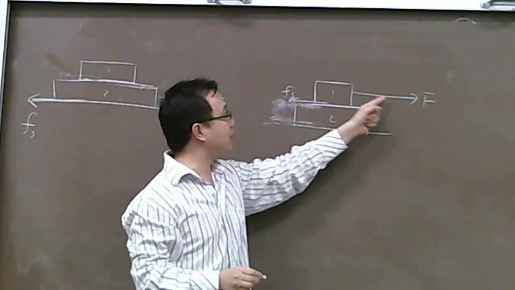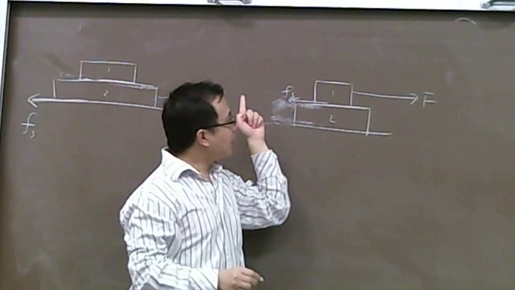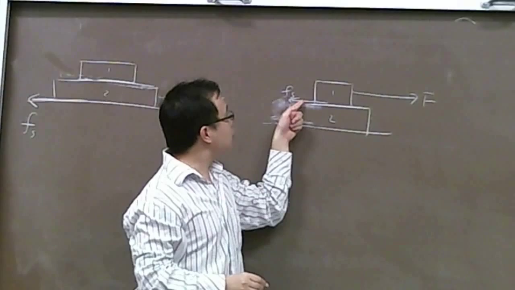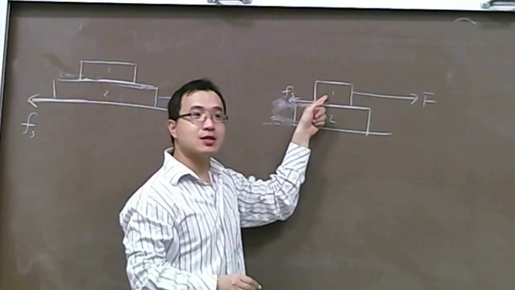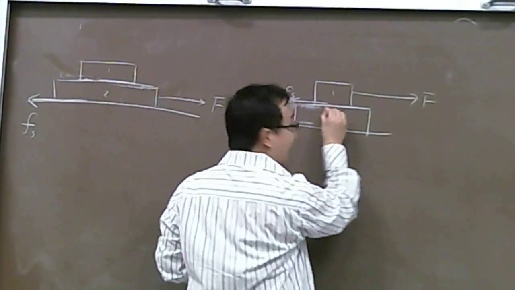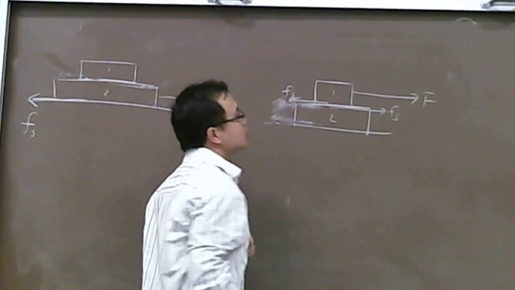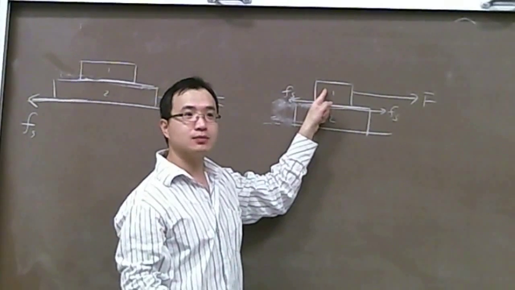This is the force to prevent it from moving. Now, if this is the frictional force from 2 given to 1, it must have some reaction, acting on 2 in this direction. This is the frictional force acting on object 2 from box 1.